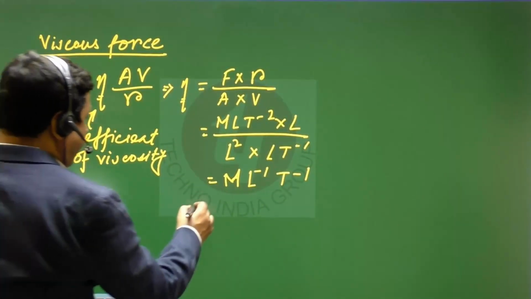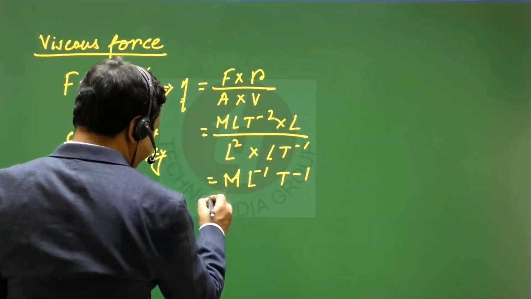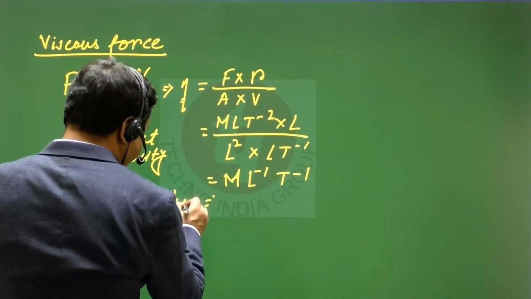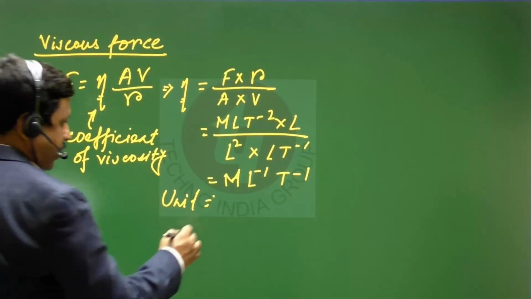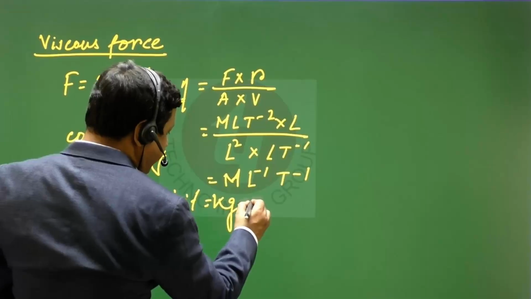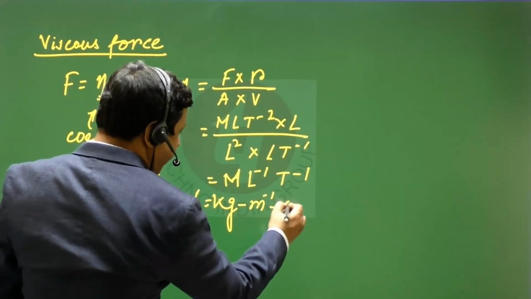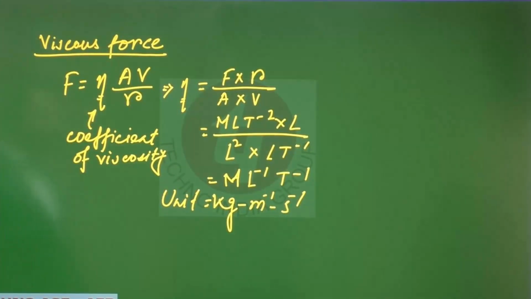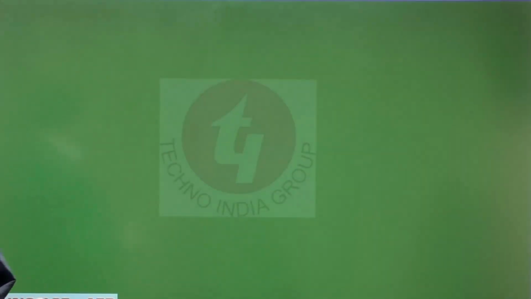So the unit of eta is kg per meter per second. That is the unit of coefficient of viscosity, kg per meter second. Okay, the unit of an unknown quantity.